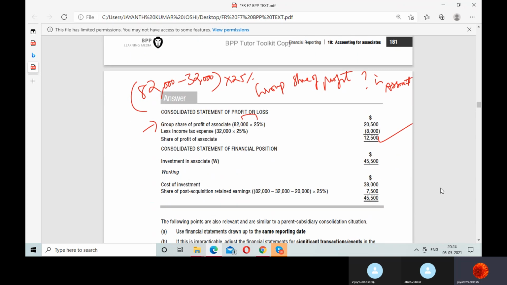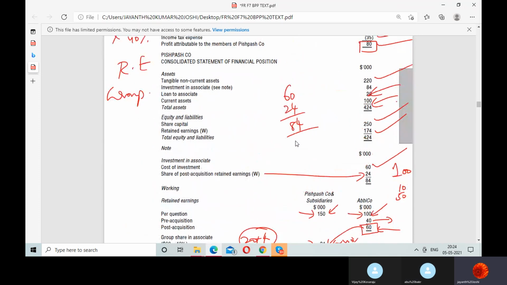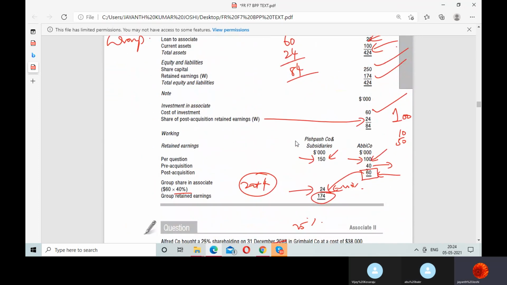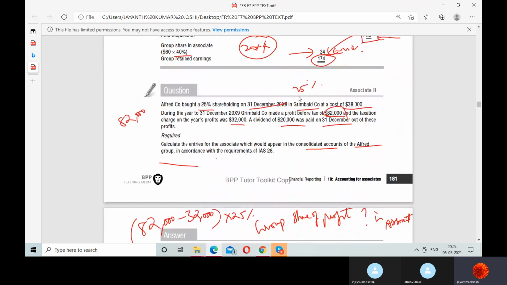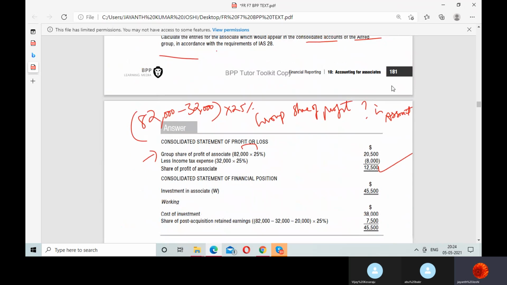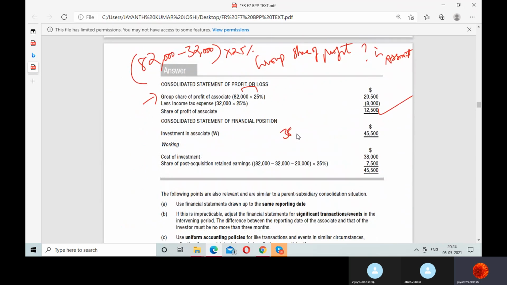Next point. And now investment in associate has grown by how much? What is the investment in associate? Sorry, they did an investment of how much? 38,000, correct? 38,000 plus how much they should get from the profits? 25%. 25%, that is 12,500.